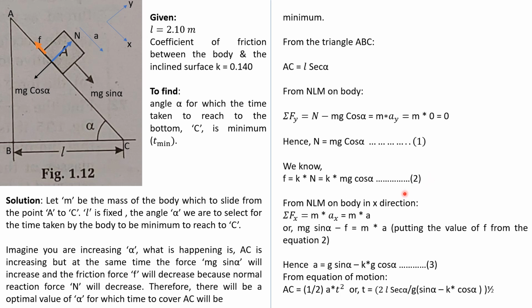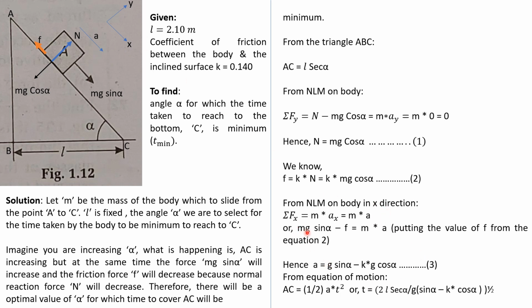Now we will write Newton's law of motion in the x direction, along the inclined plane. The sum of all the external forces in the x direction is equal to mass into acceleration in the x direction, which we have notated as a.